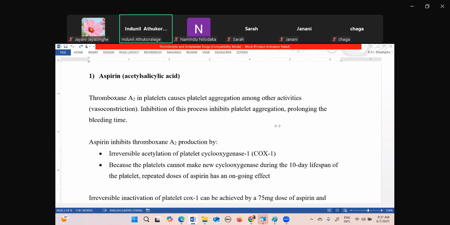Or else, can someone explain the mechanism of action of aspirin with regard to the antiplatelet activity? I want someone from the names that I mentioned: Jaga, Sharmila, Niroshini, and Janani. What is the mechanism of action of aspirin for antiplatelet activity? Do you understand it? If you don't understand, tell me, I will explain again. Right?